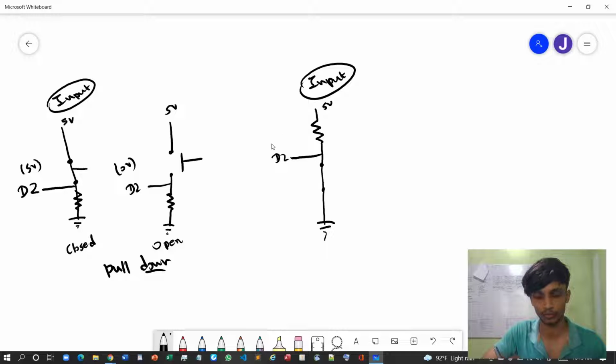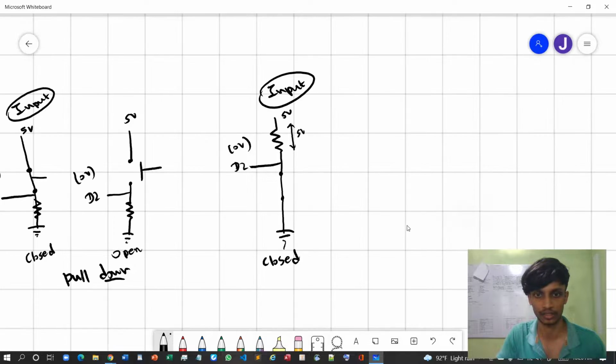Now D2 is 0 voltage because the voltage drop across this resistor is basically 5 voltage, and this is connected to the ground. So D2 is 0 at the closed configuration of the push button.